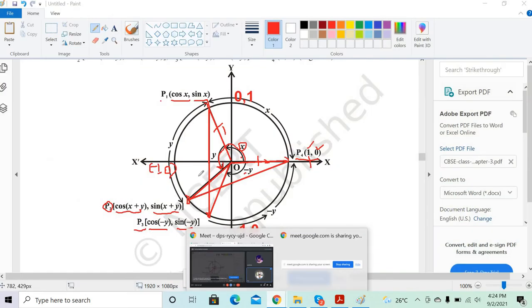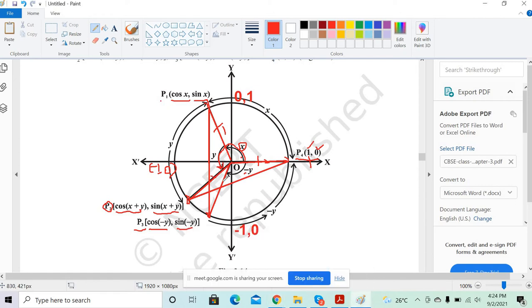Now see, all these are radius. Can you see that? Yes, sir. This side will be the same as this side. And this angle is y, and if this angle is, let's say, z, then angle P1 O P4 will be y plus z.